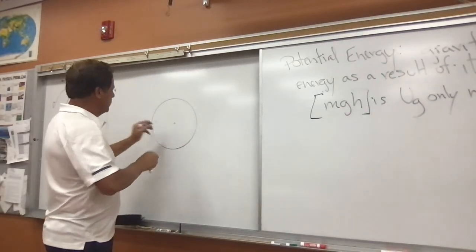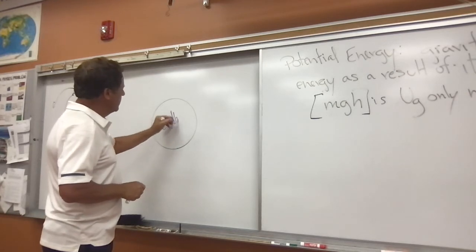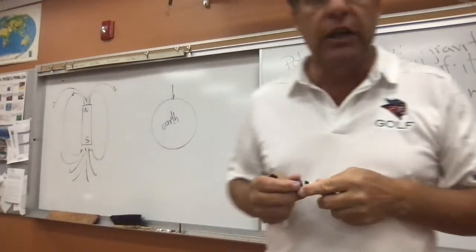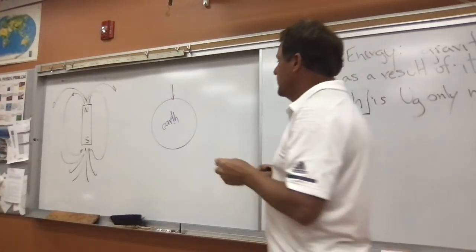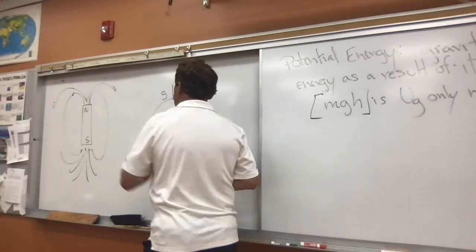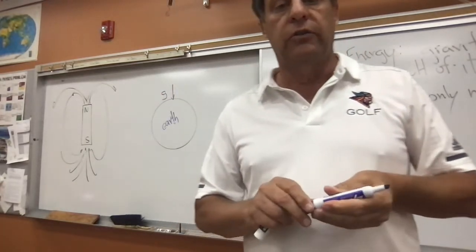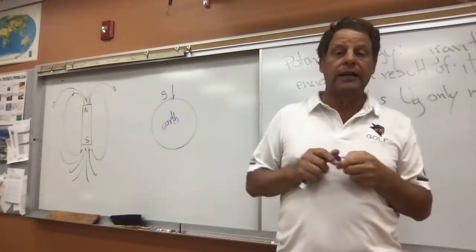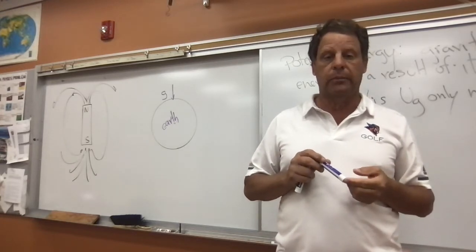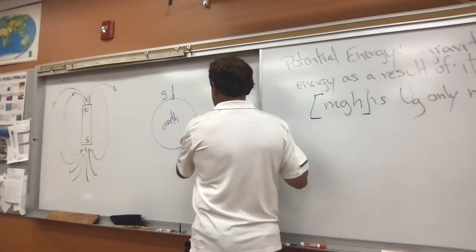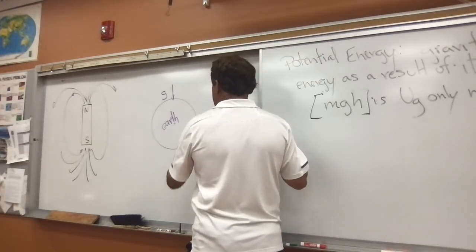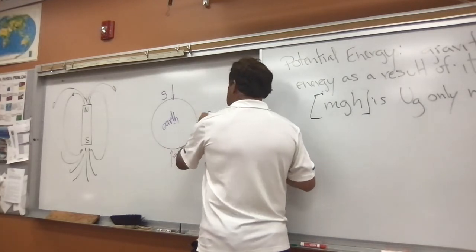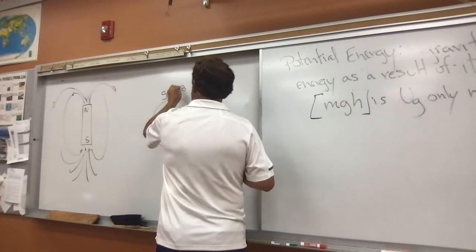On the Earth here. If this is the Earth, we're going to have a gravitational field, and that gravitational field is g. It is the acceleration due to gravity. So that gravitational field at the surface of the Earth is going to equal 9.8. If we come over here, it's 9.8, and here, 9.8.